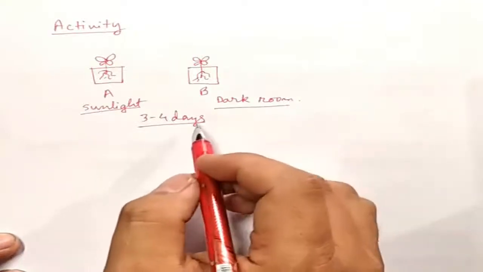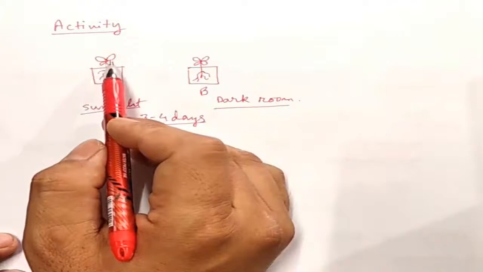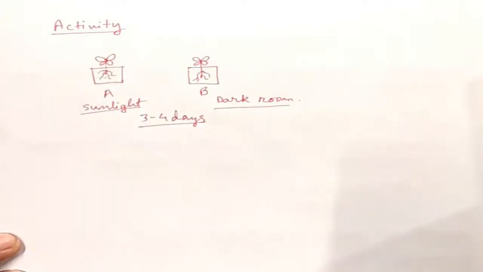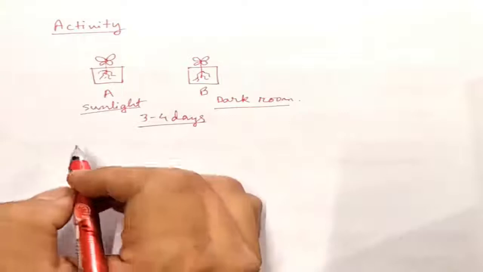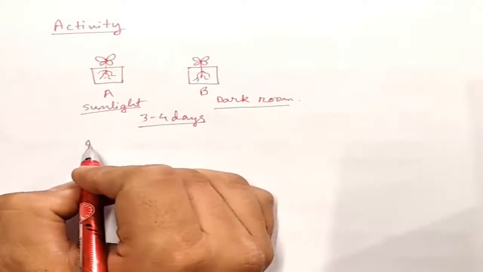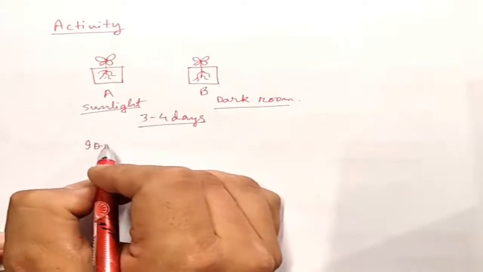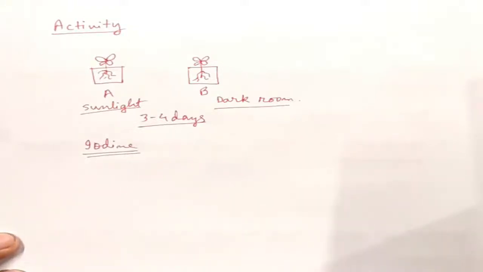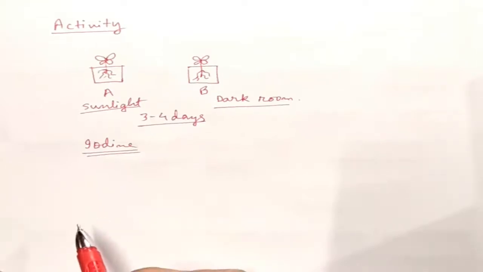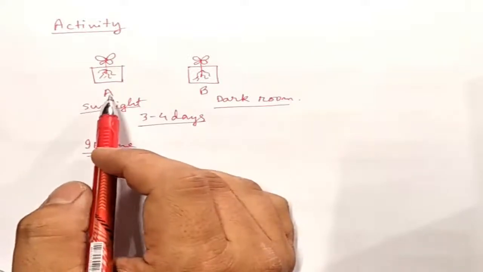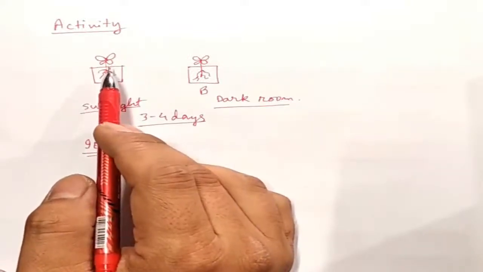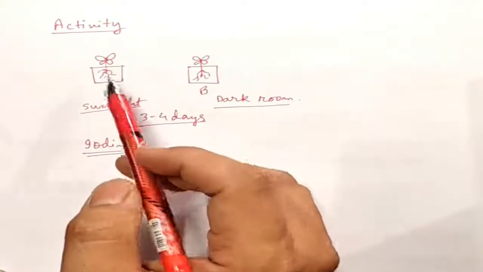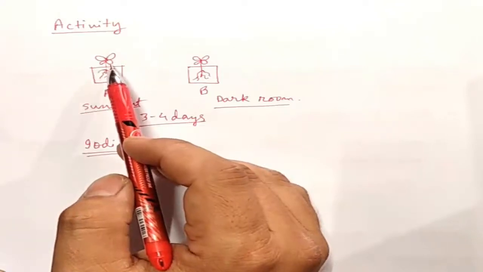After 3 to 4 days, I will take out a leaf from both the plants, and I will perform a test called the iodine test. You have studied the iodine test in the previous class. When I do the iodine test for potted plant A, the iodine color turns to blue-black, which indicates that the leaf has starch.